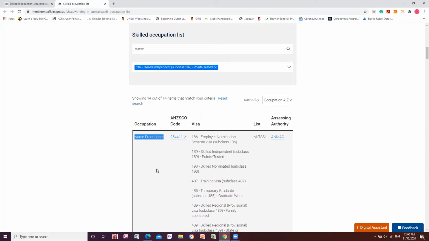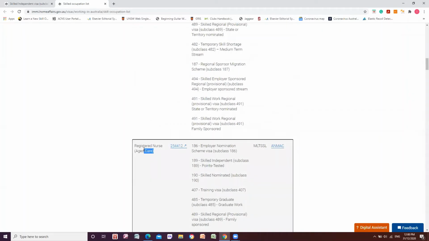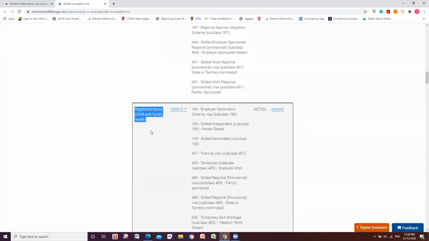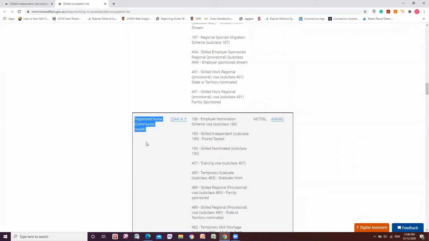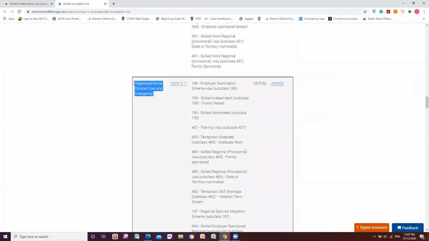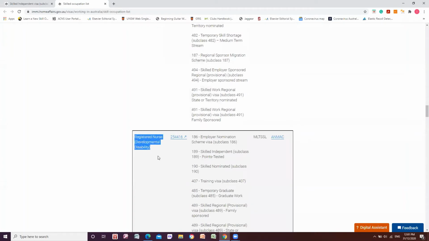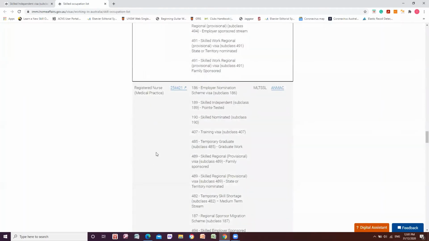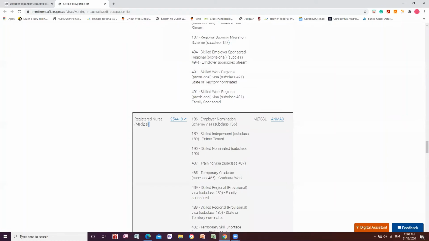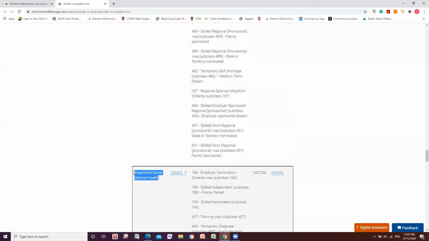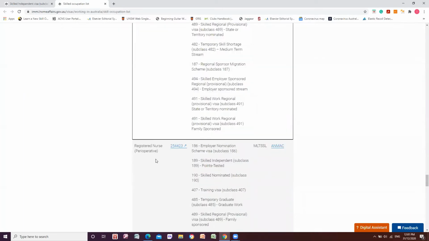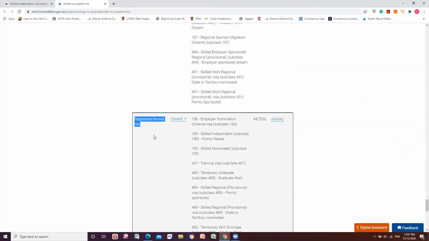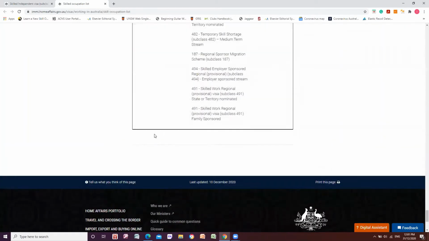You can apply as a nurse practitioner, as a registered nurse in aged care, child and family health, community health, critical care and emergency, developmental disability, disability and rehabilitation, medical practice, medical in general, mental health, paediatrics, perioperative, surgical, and so on.